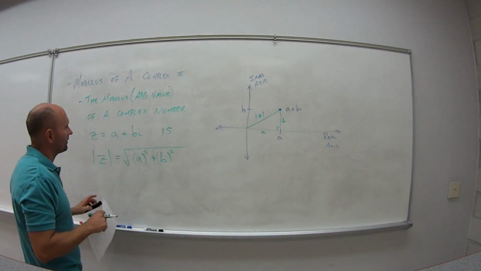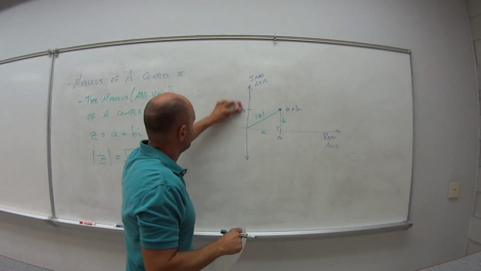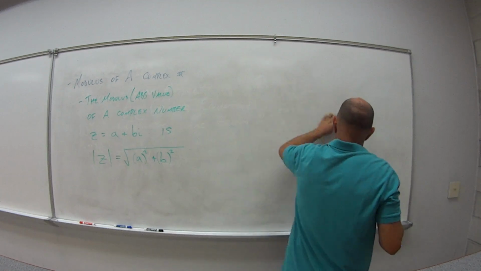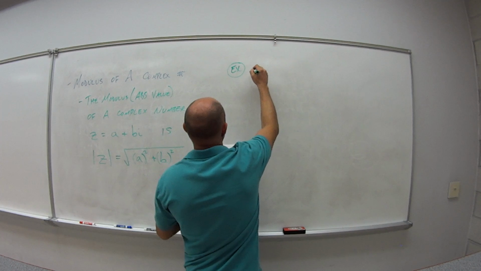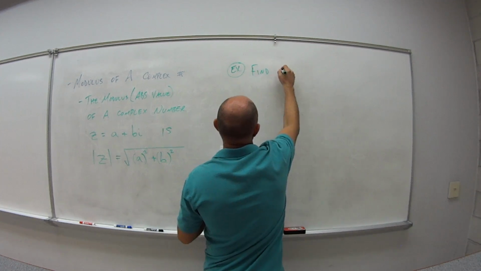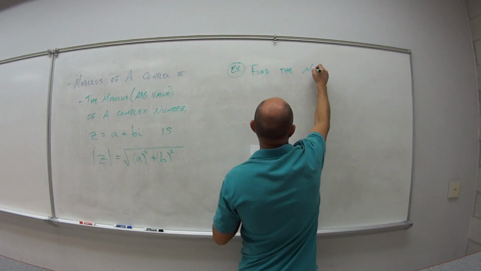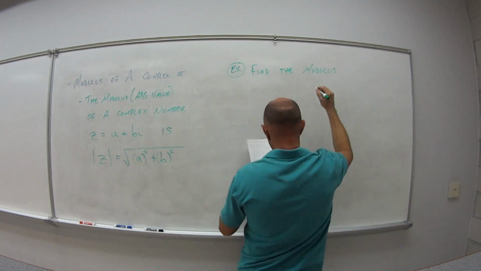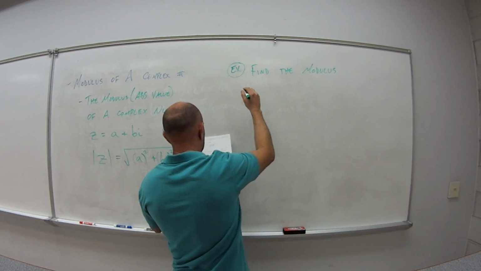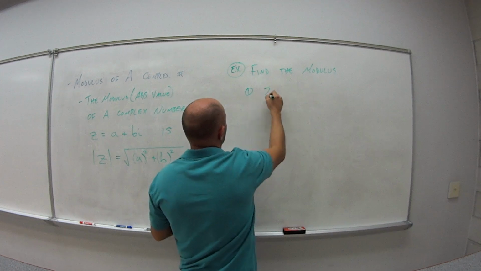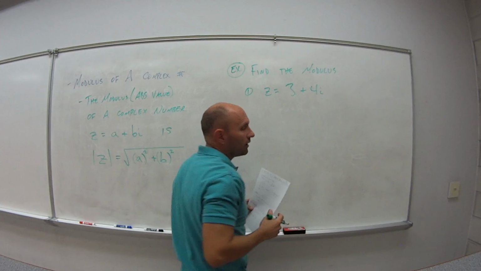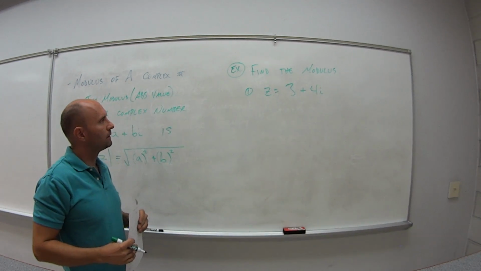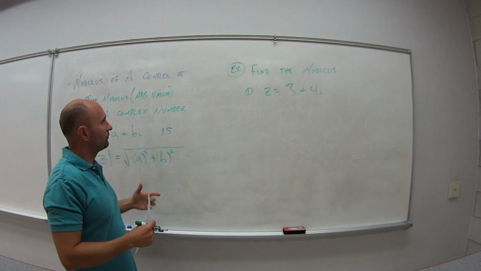So let's look at a couple examples. Let's say we want to find the modulus. We have 2 examples. The first one is Z is equal to 3 plus 4i. So we're going to use this formula.